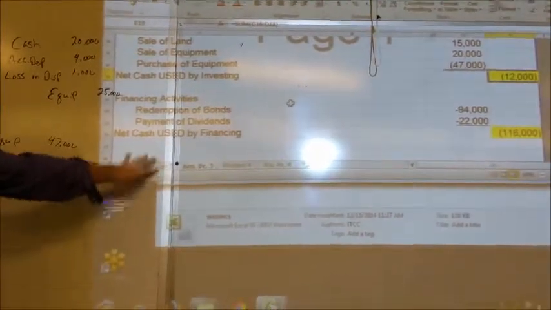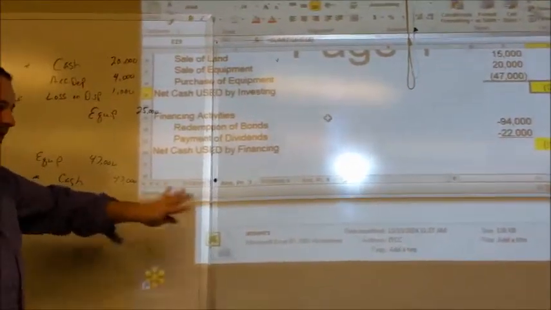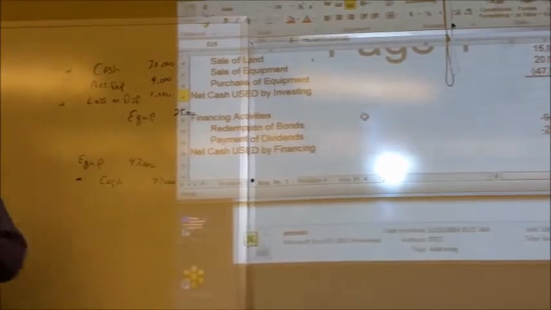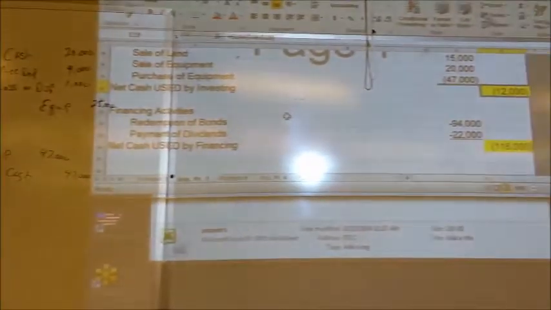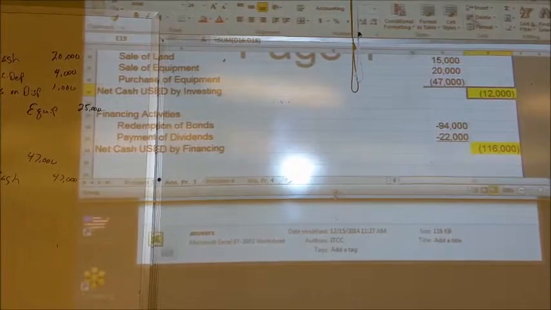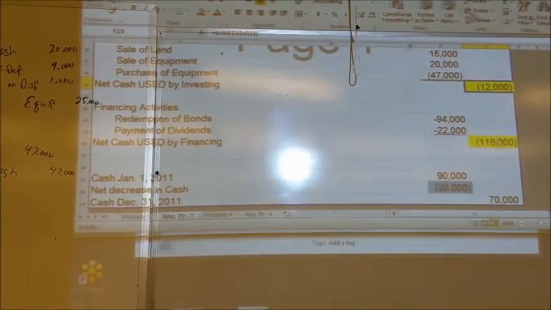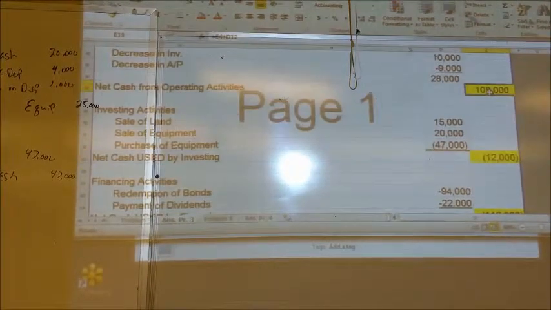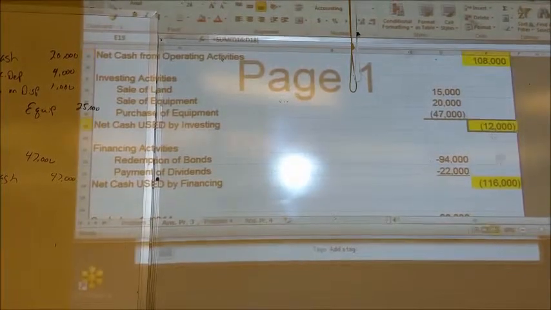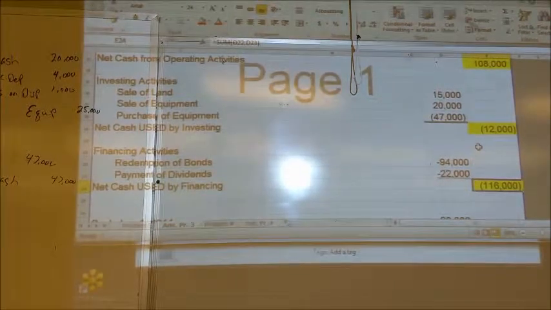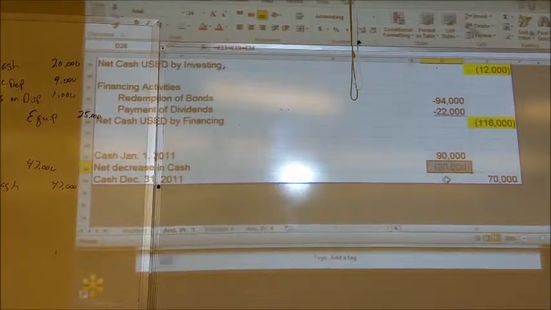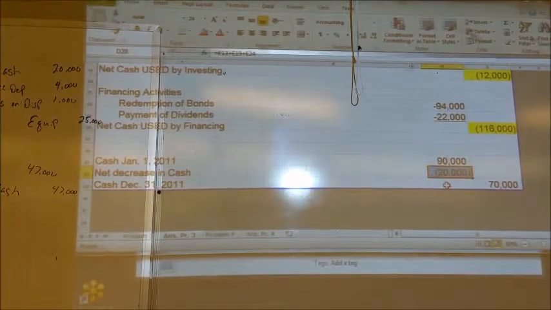And now the summary of everything down here, the cash. I want to take my beginning cash, which was on the balance sheet, add up all of the yellow amounts. So I had the 108, negative 12, negative 116. You add all those up, you get negative 20,000.